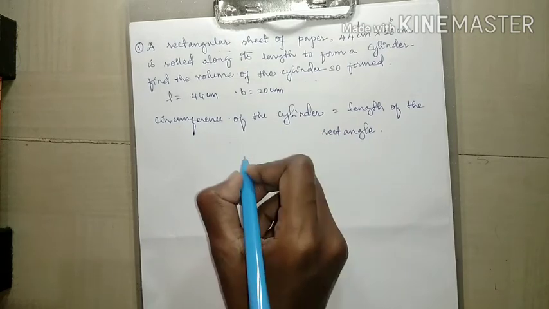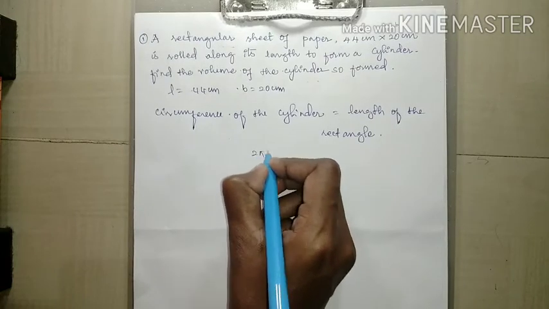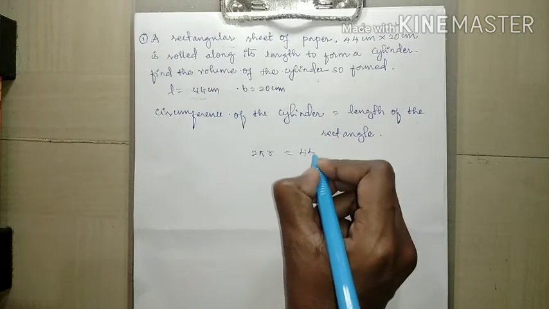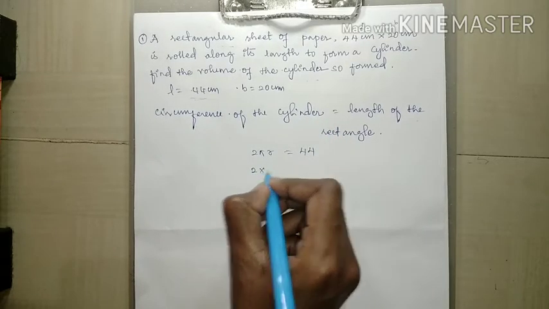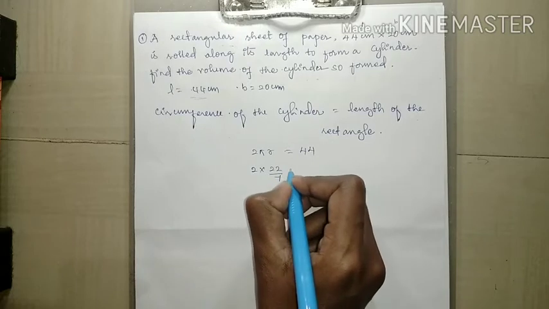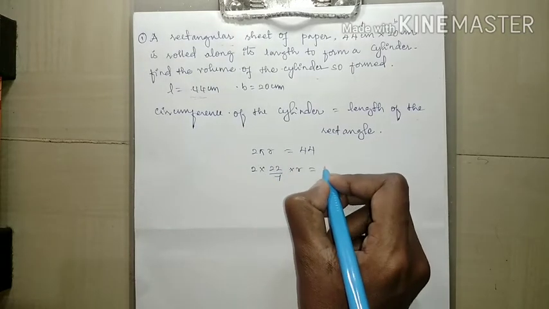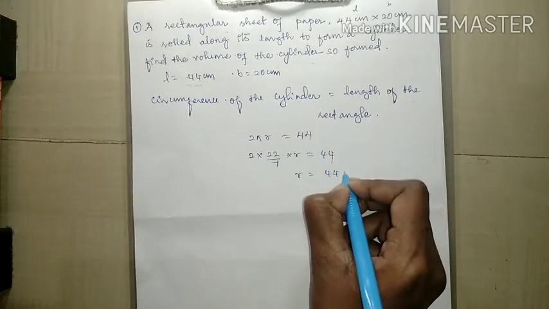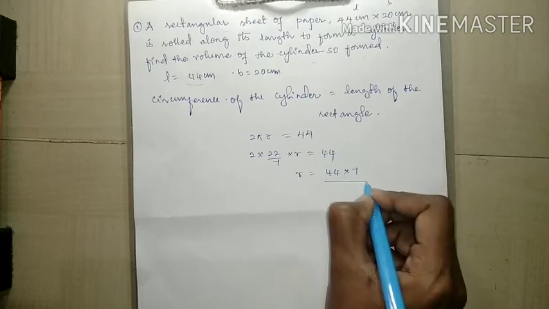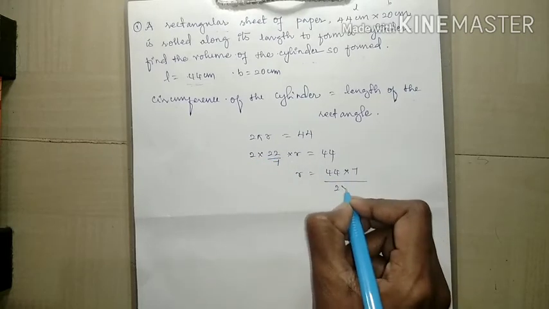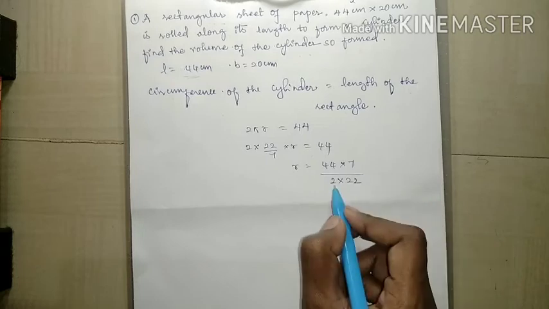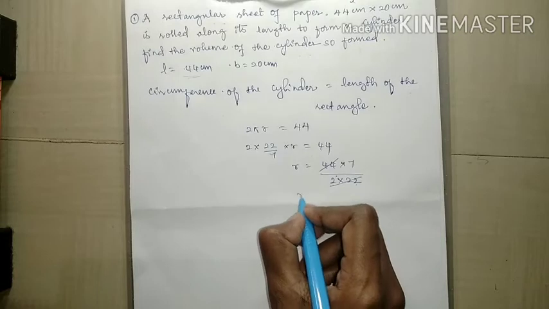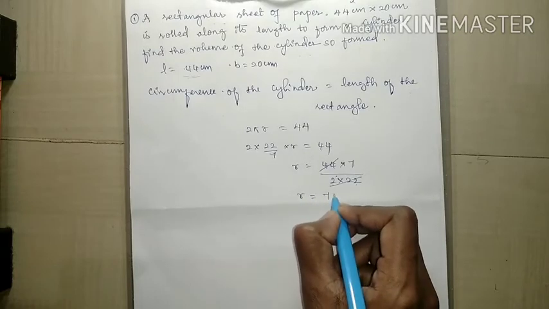So the circumference is 2 pi r, that is equal to the length given, 44 centimeter. Now this is 2 into pi, 22 by 7, into r equal to 44. Now r becomes 44 into 7 divided by 2 into 22. This 2 into 22 is 44 and 44 will get cancelled. Radius is equal to 7 centimeter.